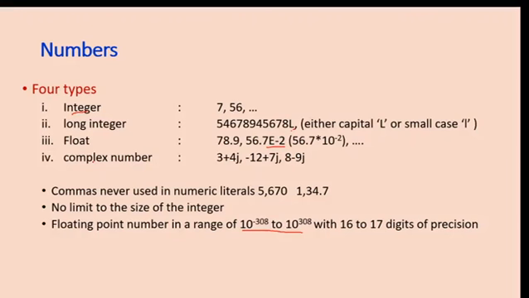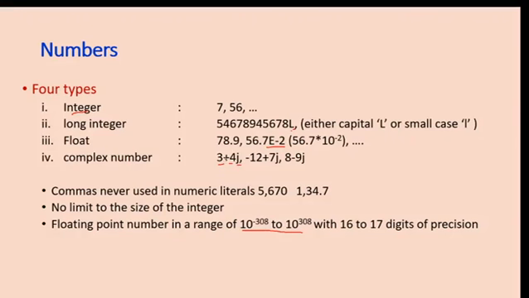One more added feature in Python is that we can represent complex numbers. There is a separate data type for complex numbers. For example, 3 plus 4j. Real part plus or minus imaginary part value followed by j. J should be given at the end.